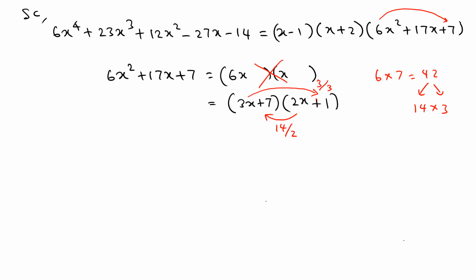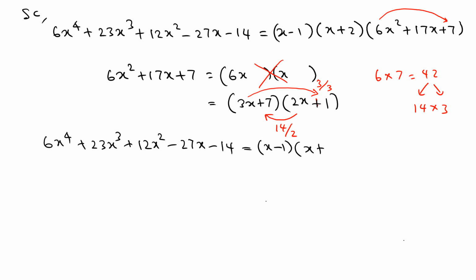So we can write the factored form. We have 6x to the fourth plus 23x cubed plus 12x squared minus 27x minus 14 equal to x minus 1, x plus 2, and then 2x plus 1 and 3x plus 7.